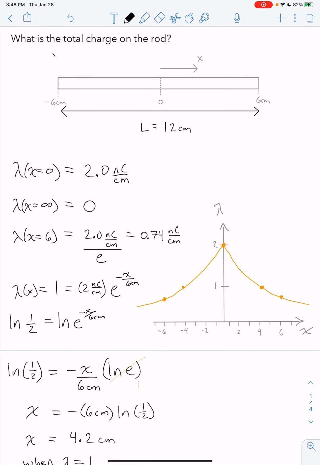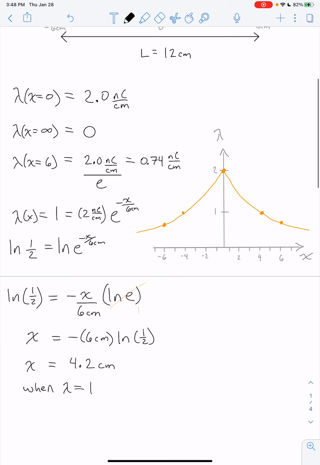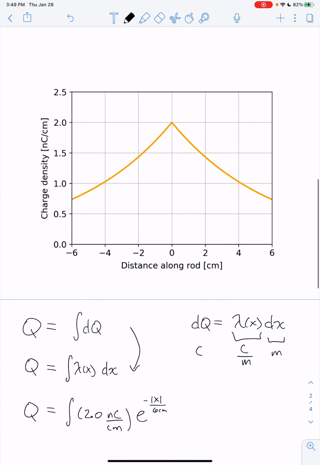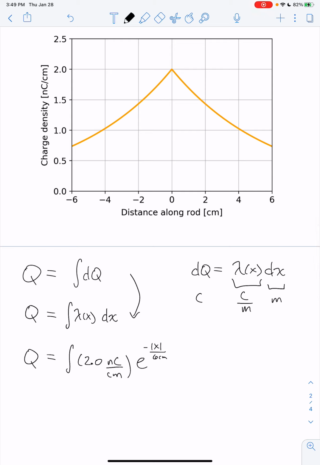We're going to go from one side to the other side. But of course, there's a nice symmetry that we can take advantage of in that things are the same on both sides. So what we could do is look at one side, and then we'll just multiply it by 2.